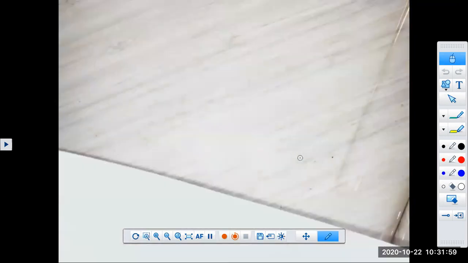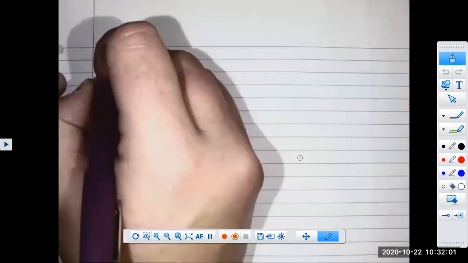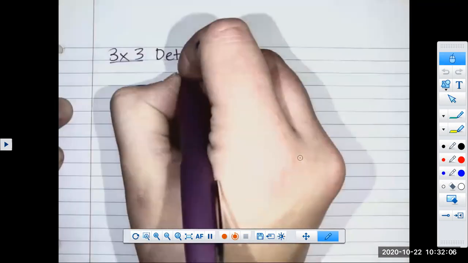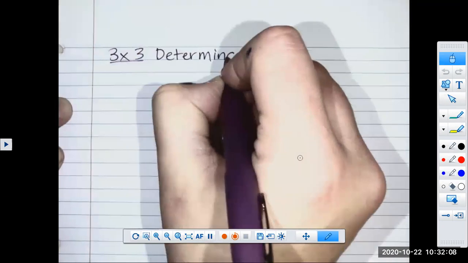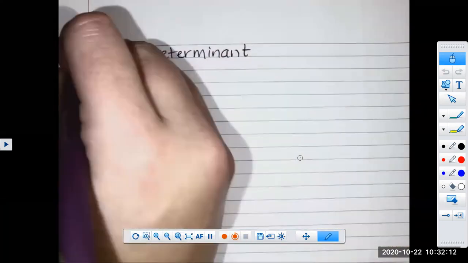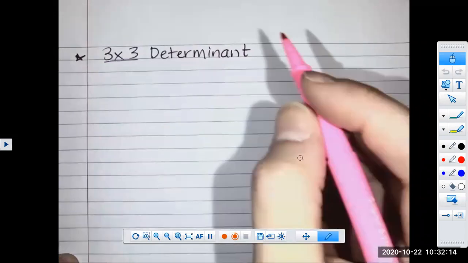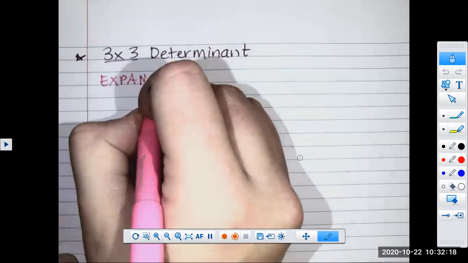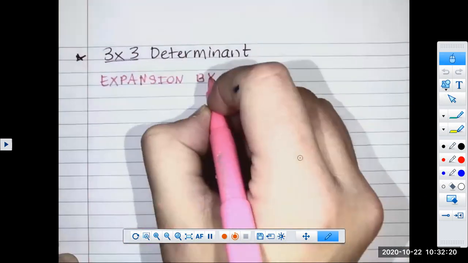All right, the other method that we're going to talk about for a 3 by 3 is called expansion by minors.